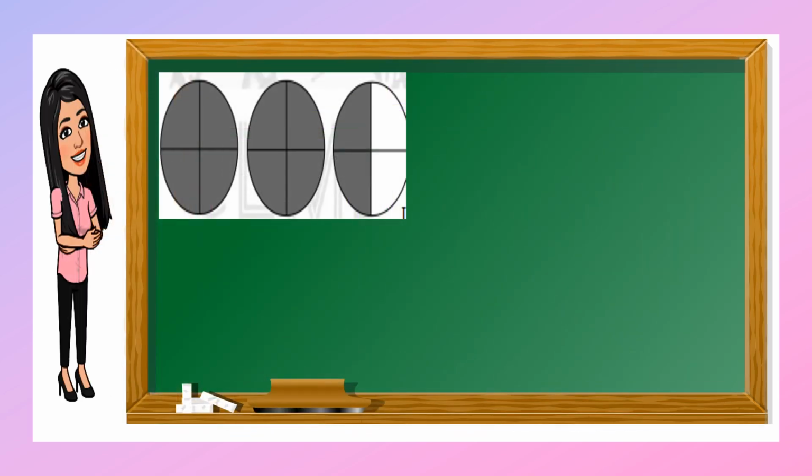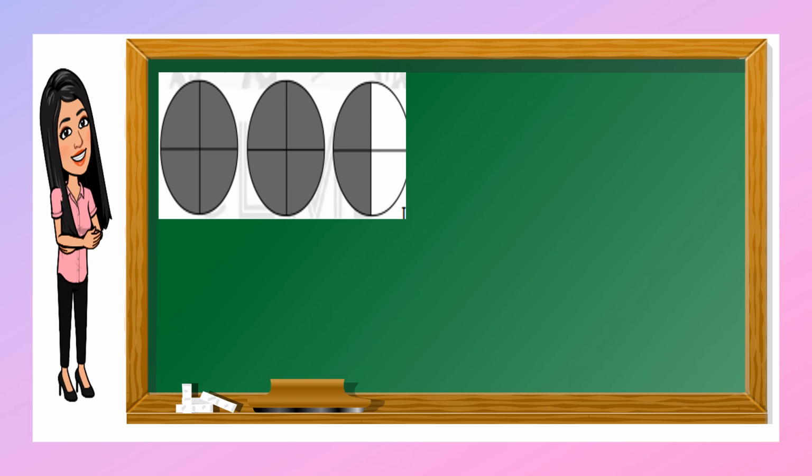And now, look at the illustration. So from the illustrations that we have, how many wholes do we have in the picture? Okay, so we have here 2 whole figures. And the other one is 2/4.